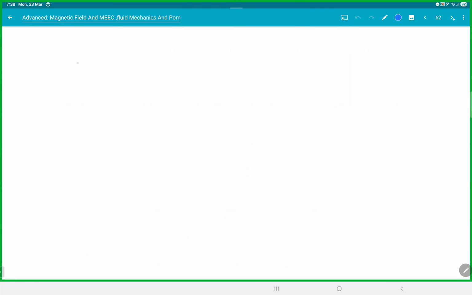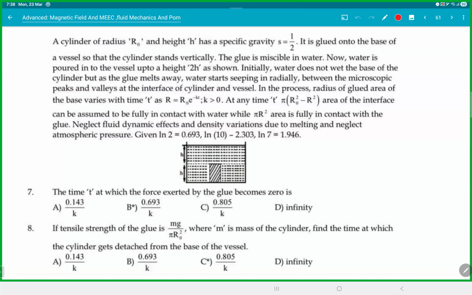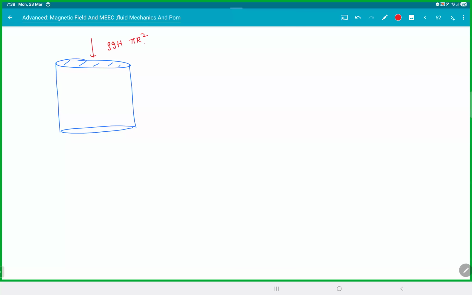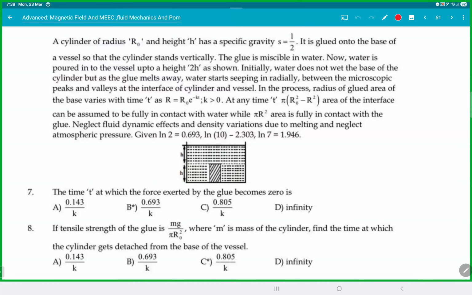So if you draw the free body diagram, from the top we have rho g h into that area. R naught is the cylinder, pi R naught square. And let's say we have glue till here. And he's saying the radius of the glued area of the base varies with time: r is equal to R naught into e to the power minus kt.